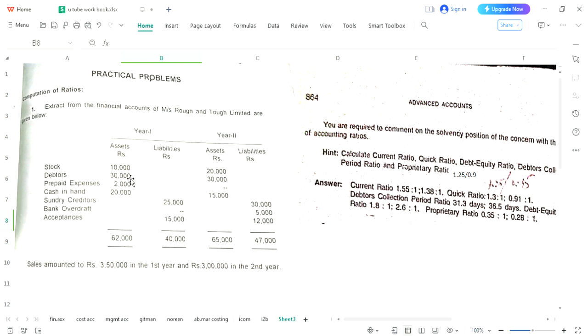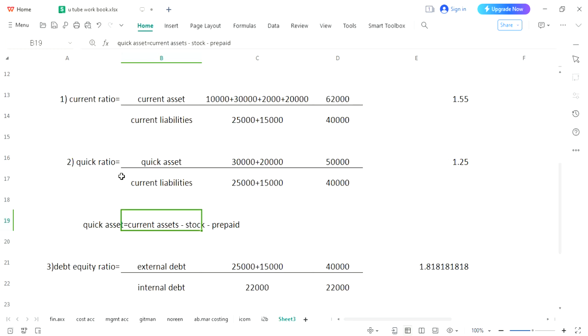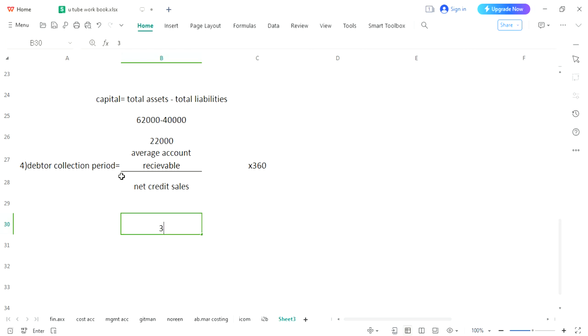So 30,000 we have. How would we calculate average for first year? For calculation average you must have two opening and closing debtors, but year one does not have opening, it's only closing debtors mentioned over here. So you can write 30,000 only. So we have average debtors 30,000.